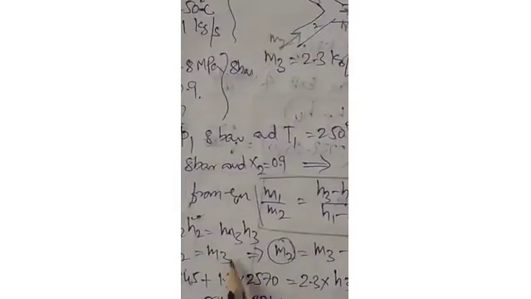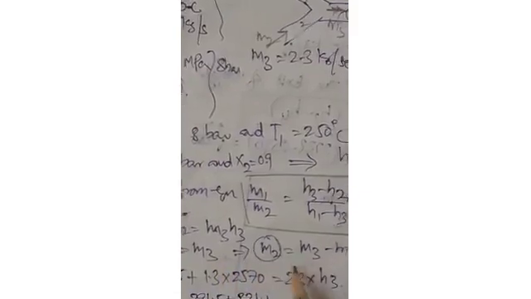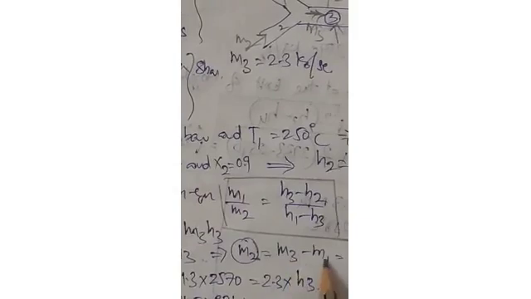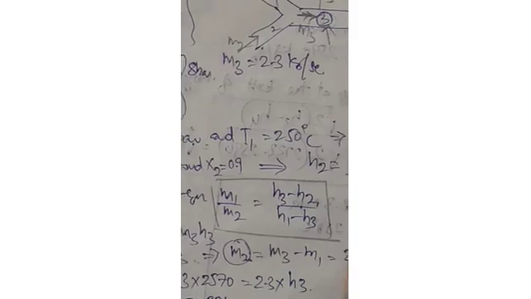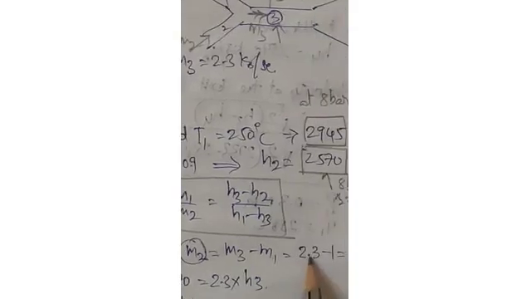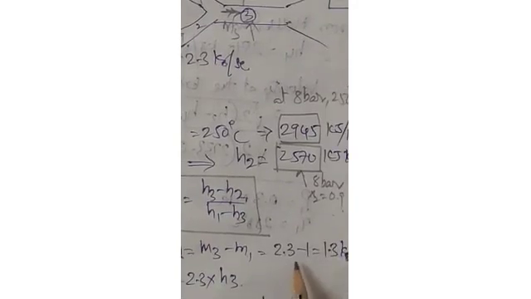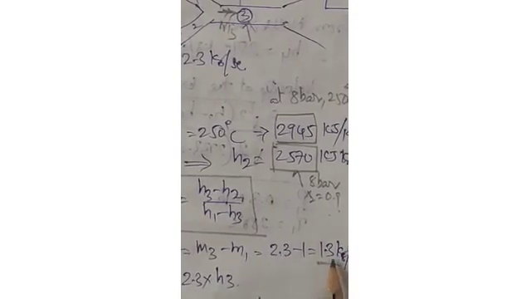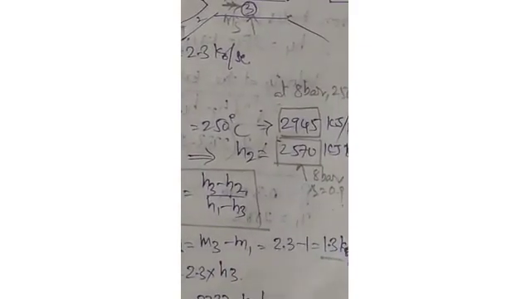So from this, M2 is equal to M3 minus M1. M3 is given as 2.3 kg per second, and M1 is given as 1 kg per second. If you subtract these two, you will get 1.3.